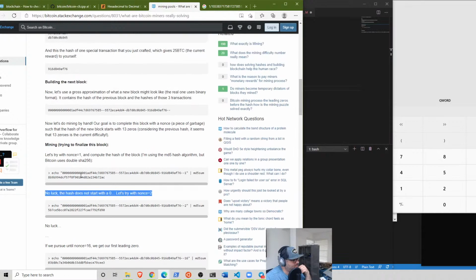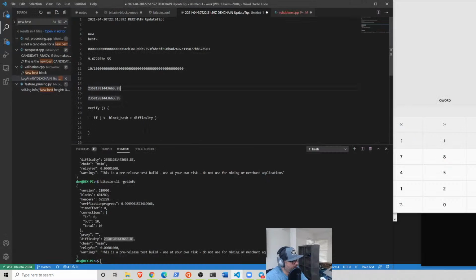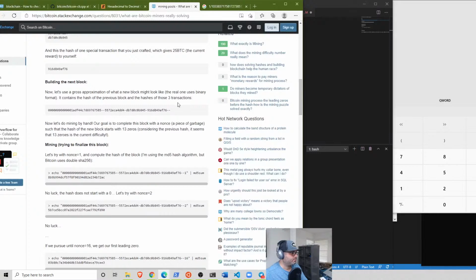The hash does not start with a 0. 13 zeros, okay. So why is there 13 zeros? Because it's big endian. Let's go little endian. That's the problem, right?